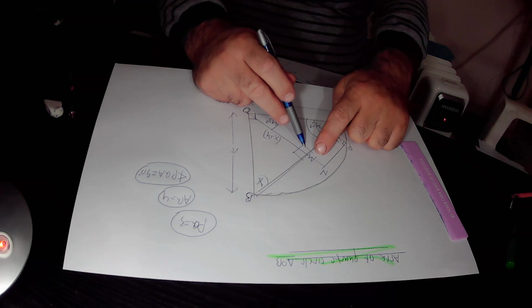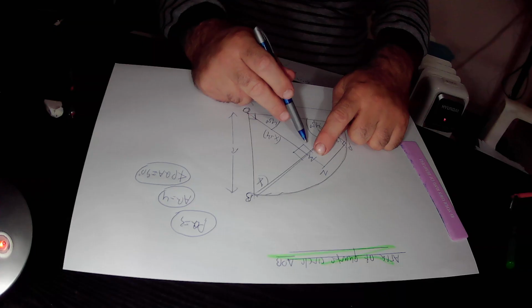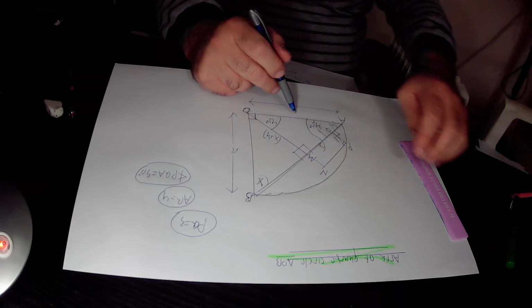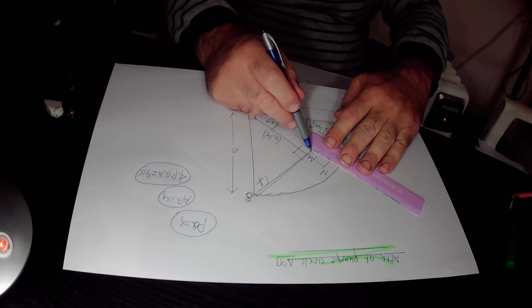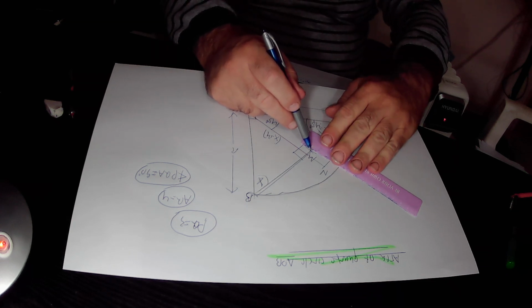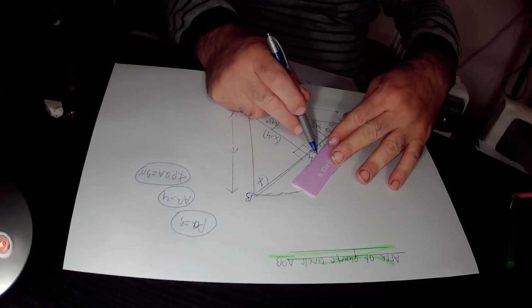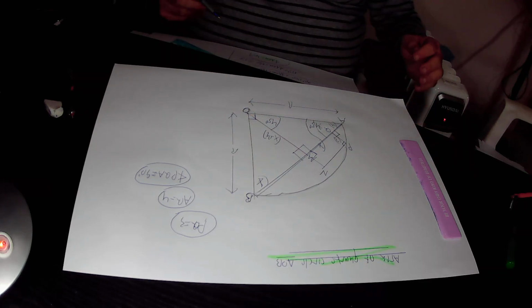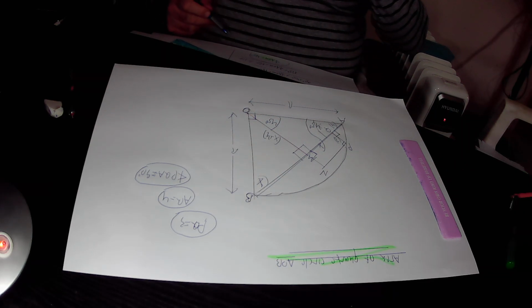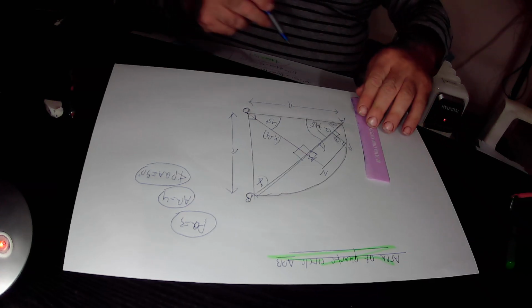In total, the sum of those two angles must be 180 degrees. All three says that the sum of the angles on one side of a straight line is 180 degrees. Therefore, this missing angle must be equal to 90 degrees in its size.